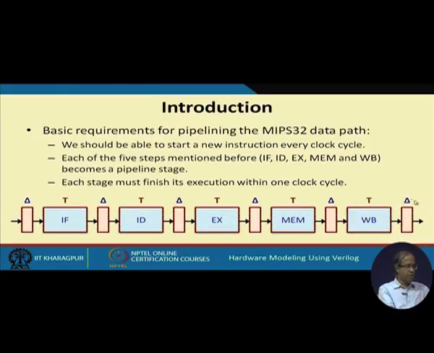So, our overall pipeline will look something like this. These will be the 5 stages, and there will be pipeline latches separating the stages, just like we saw earlier. For isolation we need these latches, because when the first instruction has moved from IF to ID, its temporary data are stored in this latch.